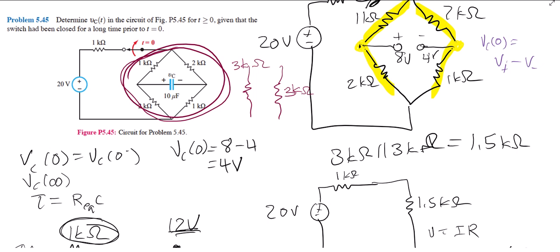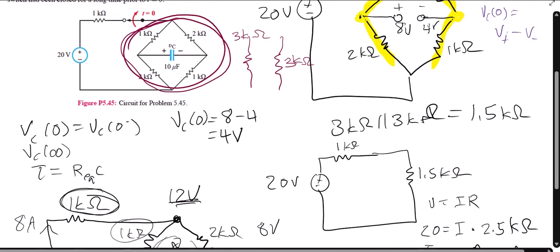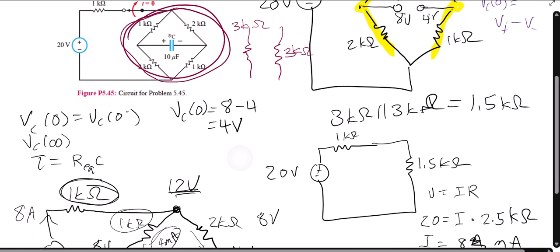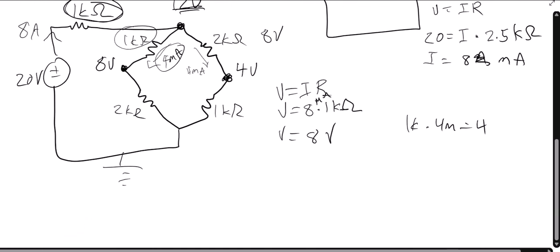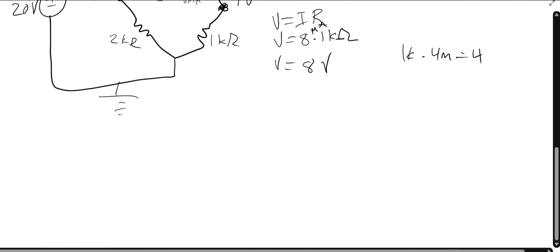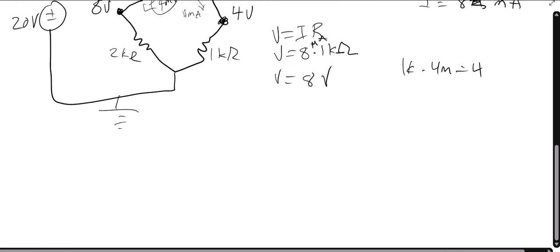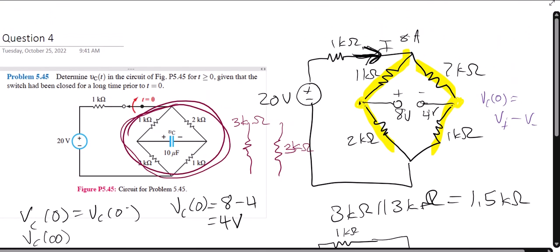That was a lot of work to get VC of 0. Okay, so now let's look at VC at infinity. So at t equals 0, this switch opens.